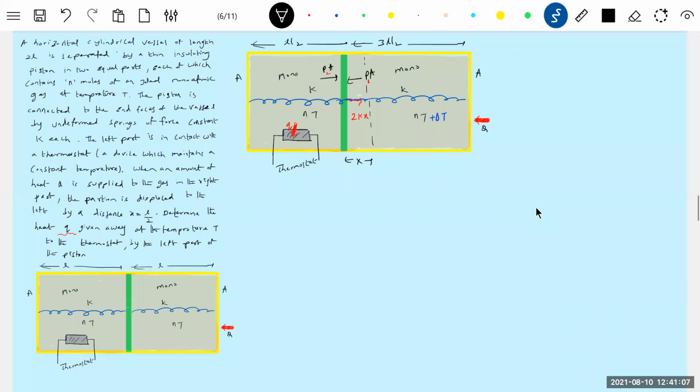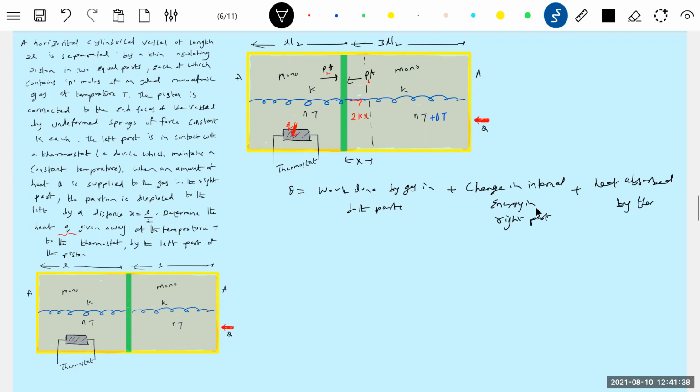So for all the heat supplied, Q is equal to work done by gas in both parts plus change in internal energy in the right part plus heat absorbed by the thermostat in the left part.